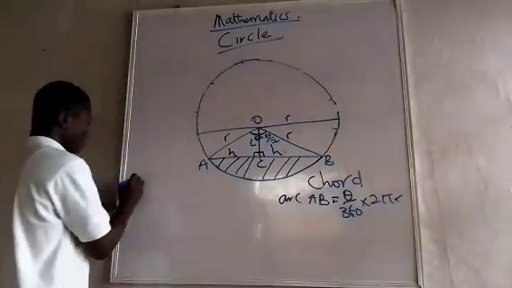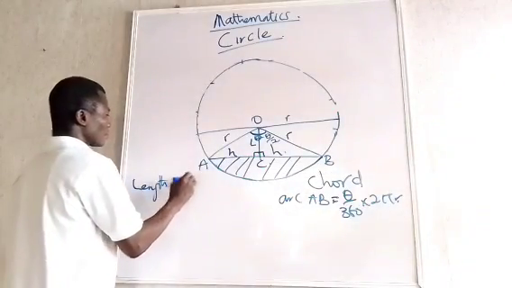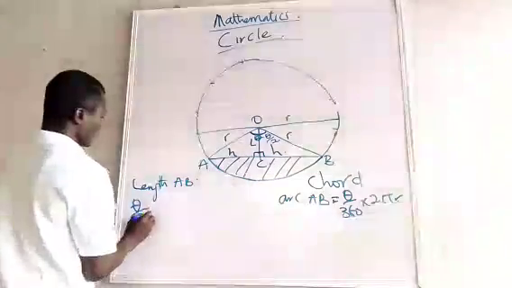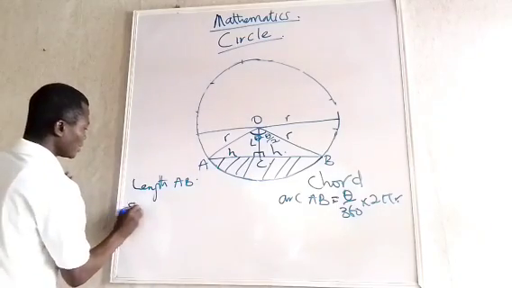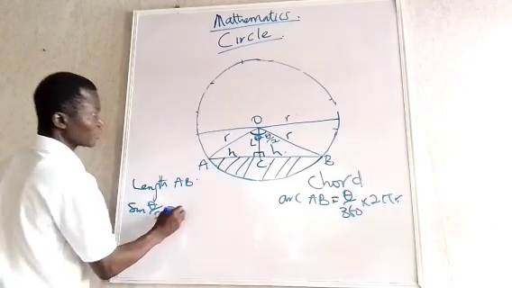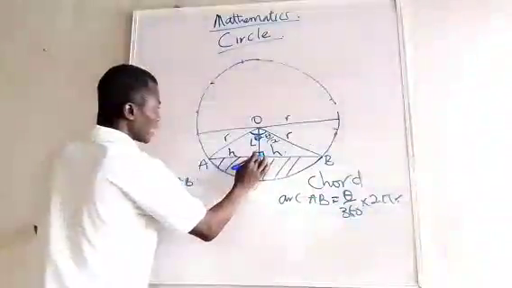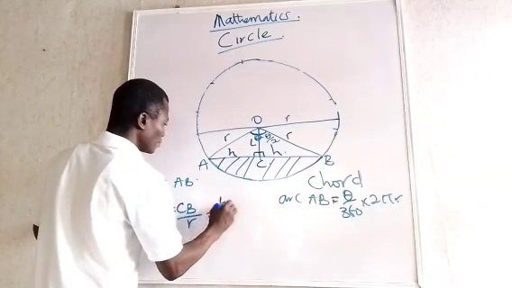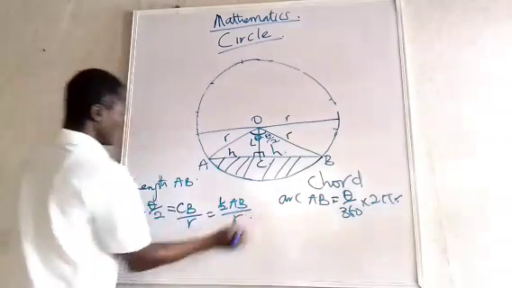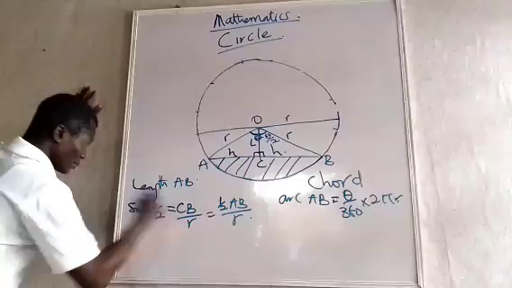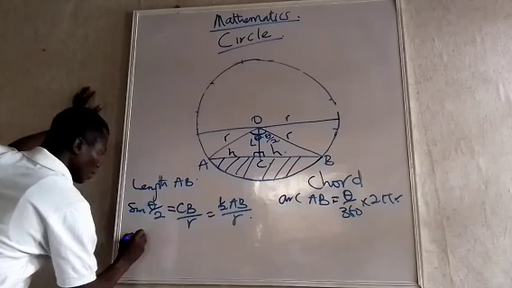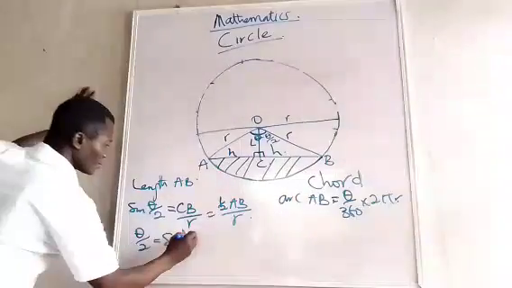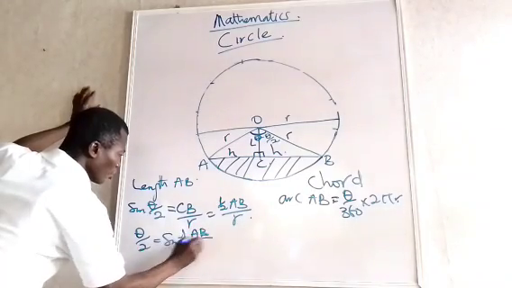If you know length AB, then sine of theta over 2 will be equal to half, because this is half of it, CB over R, which is half AB over R. Therefore, theta over 2 is equal to arcsine of AB over 2R.